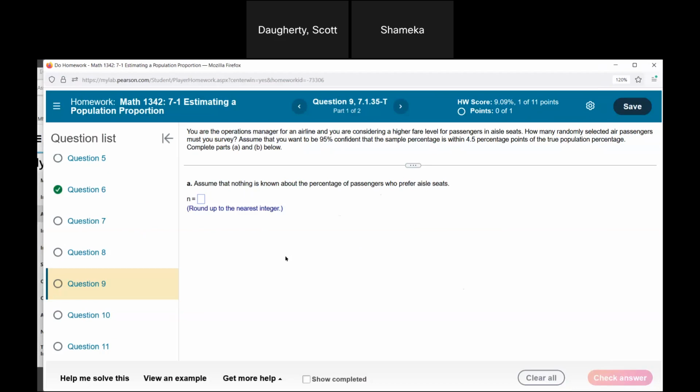So you want your margin of error to be within 4.5% and ultimately end up with a 95% confidence interval. The question is, how big of a sample do you need to take in order for that margin of error to be within 4.5% of the true population proportion? Okay, so how do we do this?